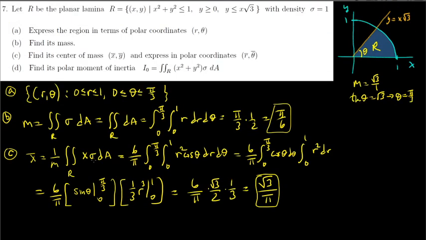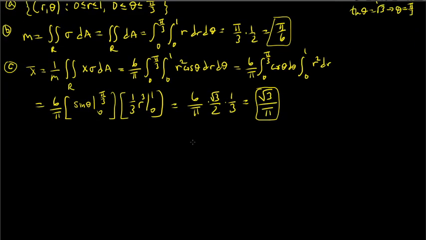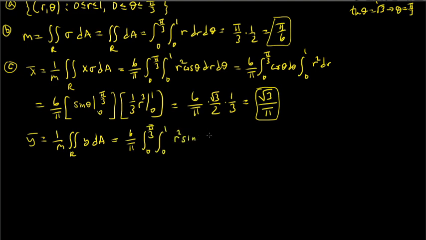And then we want y bar also. So again, 1 over m, but now we're integrating y. Sigma is 1. So 6 over pi times the integral, from 0 to pi over 3, and then the integral from 0 to 1 of r squared sine theta.